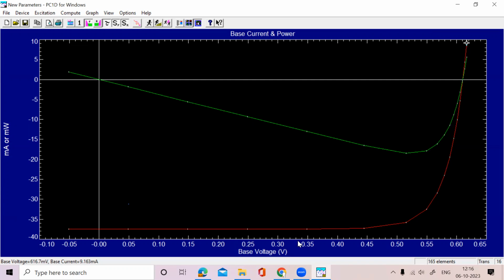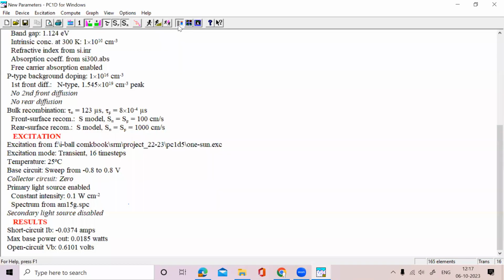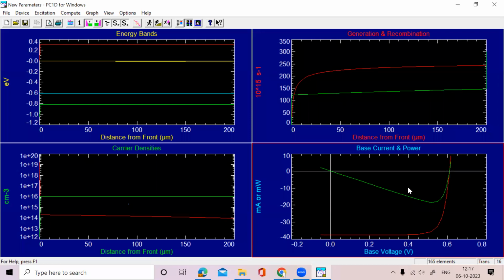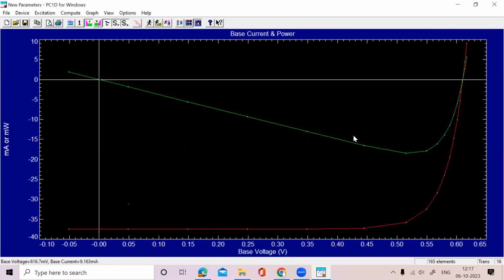I'll check once again in my simulation. It will be 0.0374 ampere. Okay, and my power, this is my voltage, this is my maximum power.